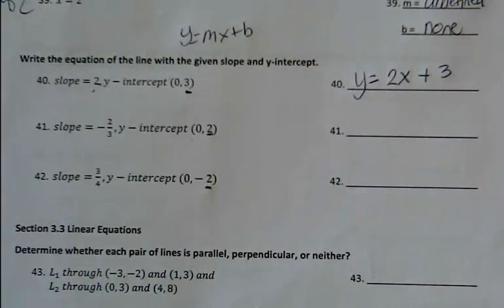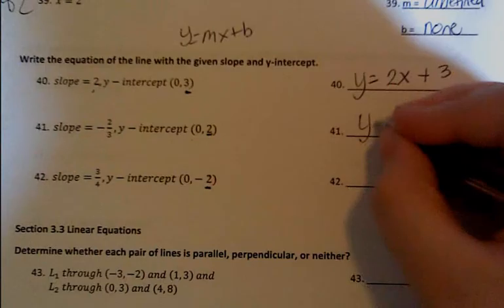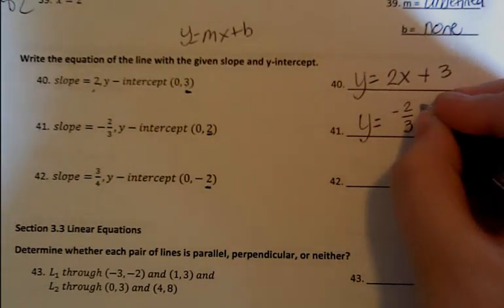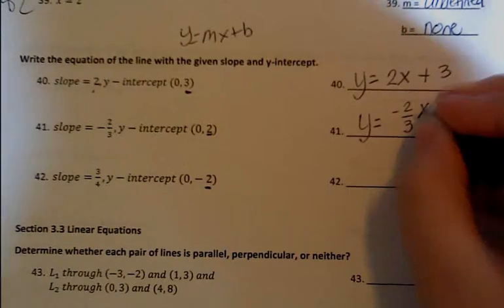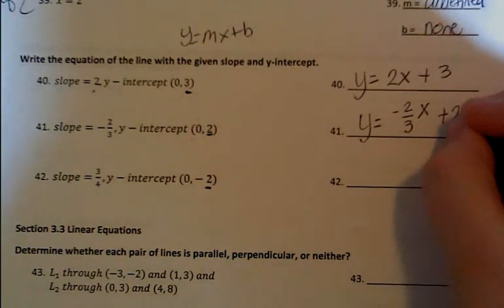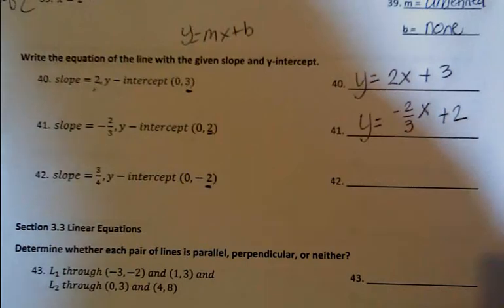On number 41, our slope is -2/3, so that would be y equals -2/3 x, and your y-intercept is a +2, so I would say +2. For number 42, I have a slope of 3/4.